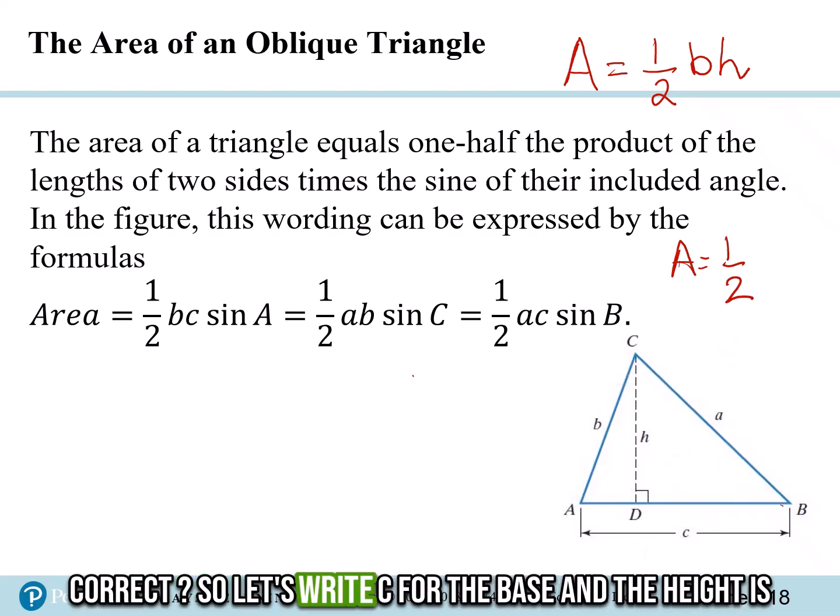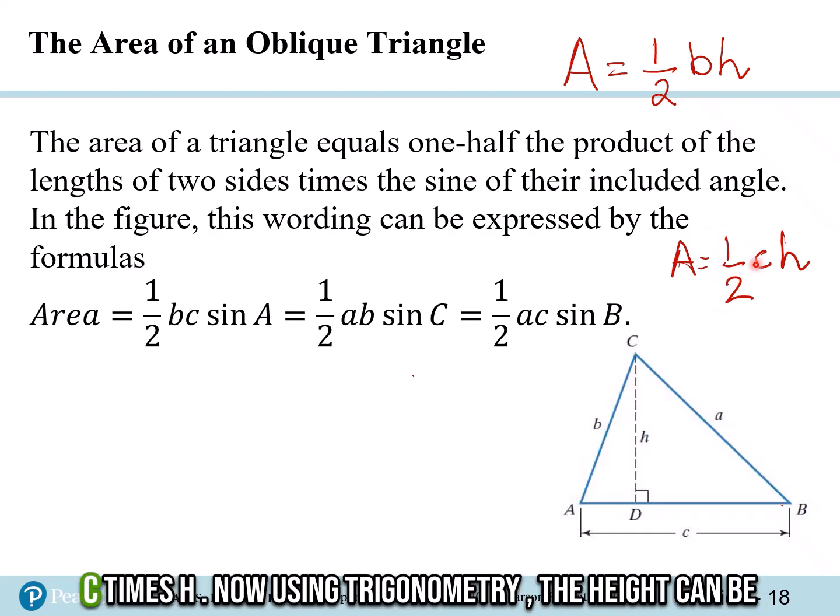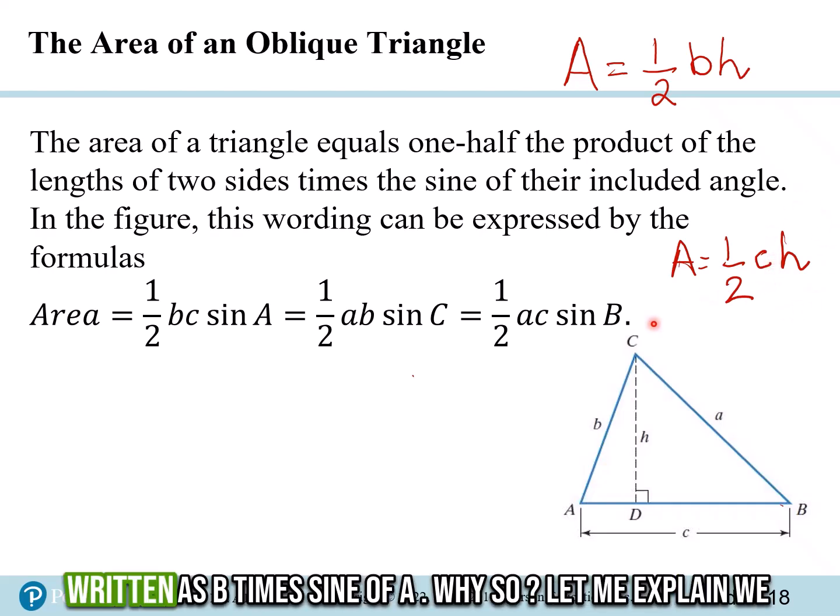So let's write c for the base and the height is h. So we can rewrite A equals 1/2 bh as A equals 1/2 c times h. Now using trigonometry, the height can be written as b times sine of A. Why so? Let me explain.